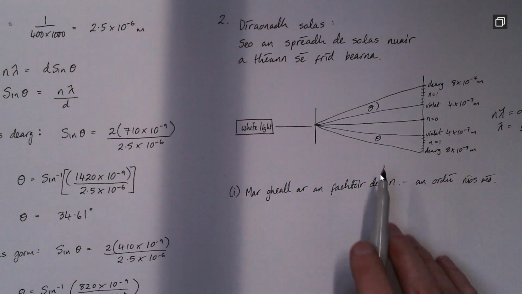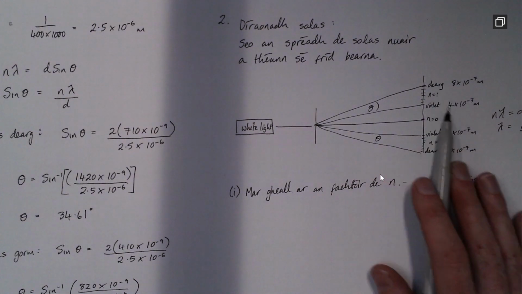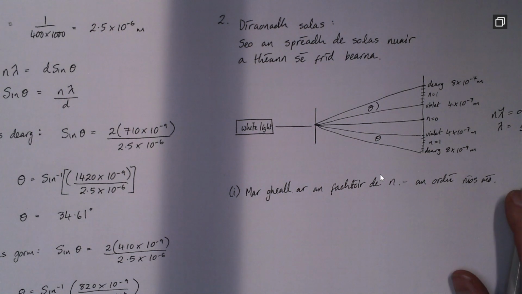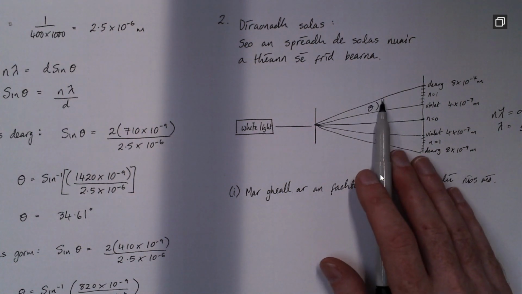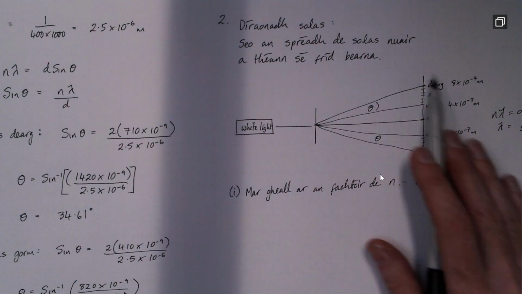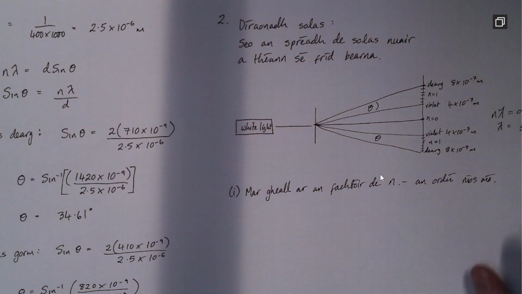Because we're looking at the wavelength of red, right? So how do we calculate the wavelength of red? We use n lambda equals d sine theta, so for the first order and the second order, the angle gets bigger. For the third order as well, because that should give you the exact same wavelength. It has to be always the same wavelength.